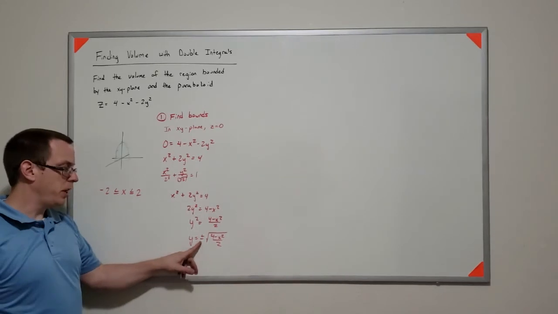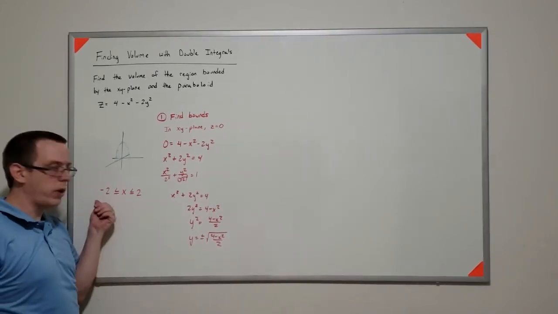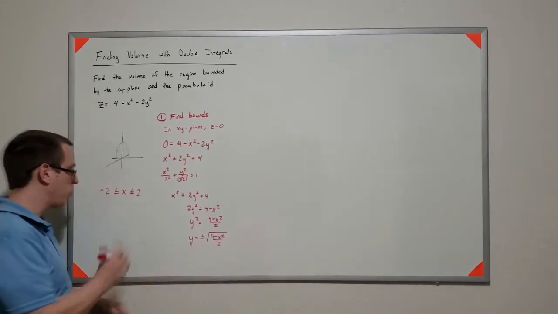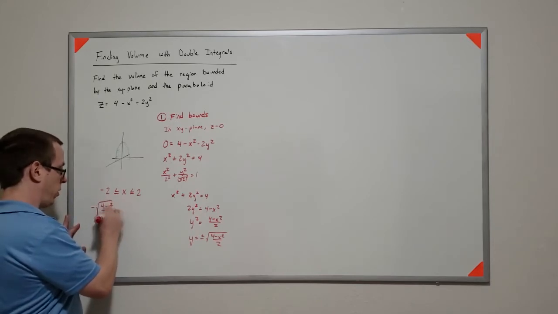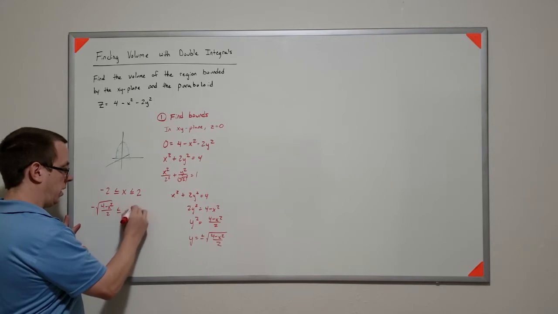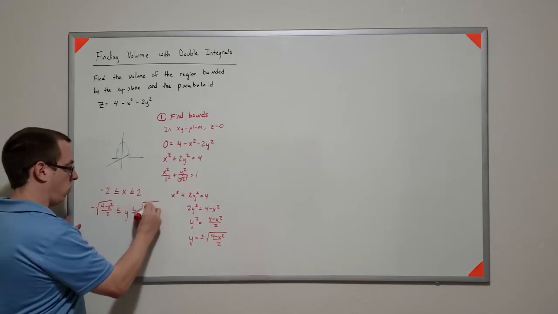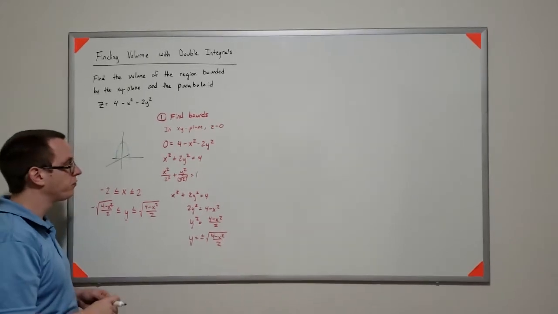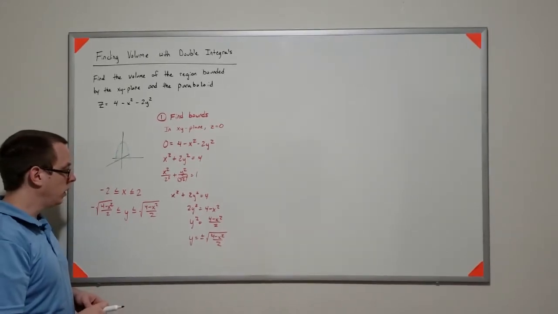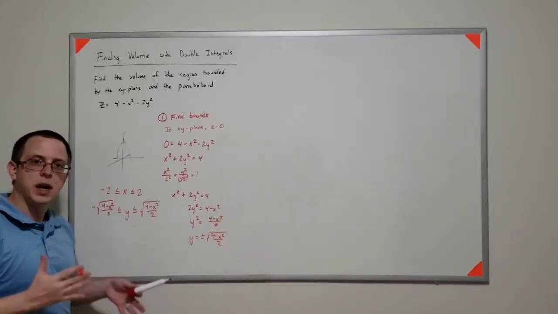So what that tells me is, for whatever x value is, y can get no smaller than negative the square root of (4 minus x squared) over 2, and it can get no larger than positive the square root of (4 minus x squared) over 2. So that's kind of the idea here.